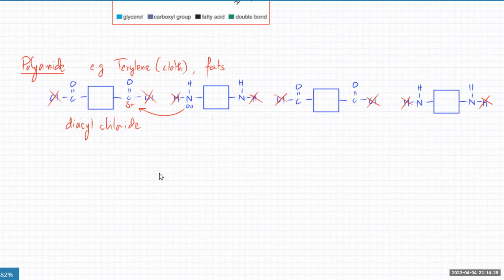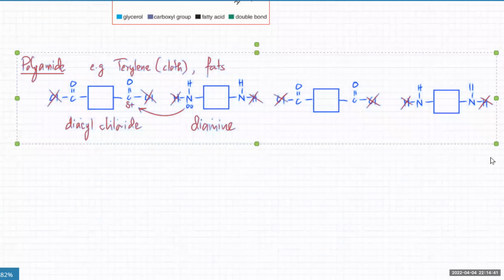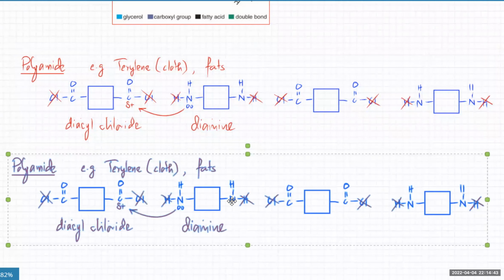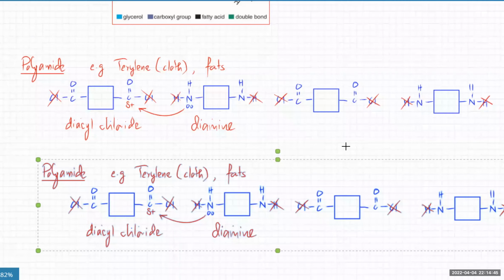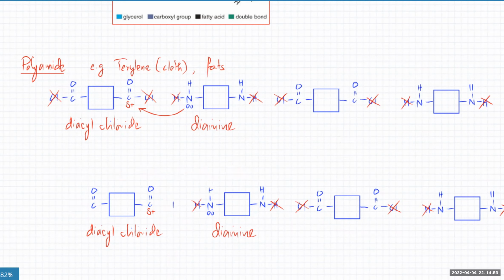They would eventually end up forming. So you've got a diamine, and they're going to eventually all link up. The Cl is gone.